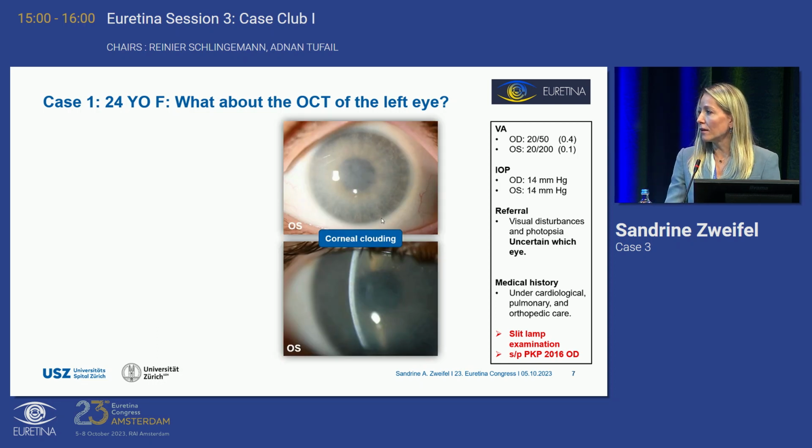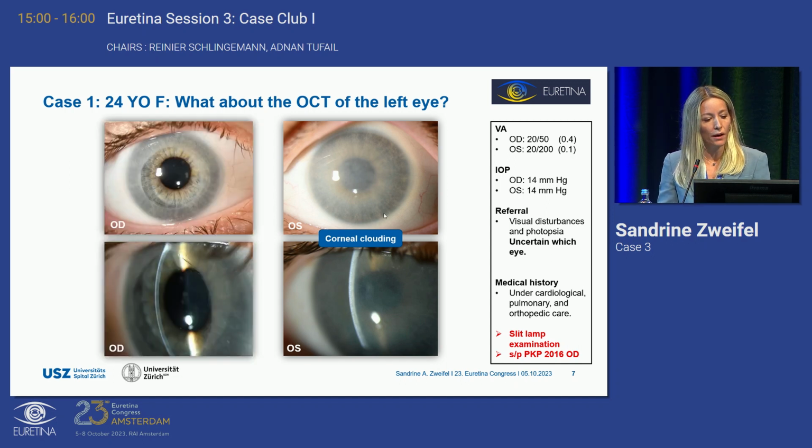And in the left eye, there was much going on in the anterior segment. So there is extensive corneal clouding. And when I was asking about the right eye, I was told, I've forgotten to tell you, but in the right eye, she had a penetrating keratoplasty. So you're giving us some very helpful clues with corneal clouding.